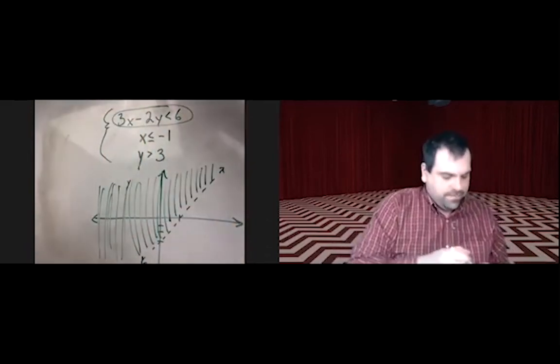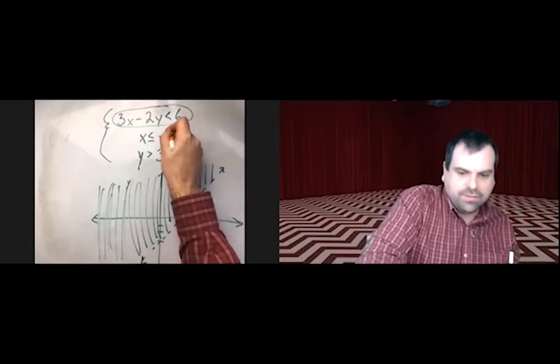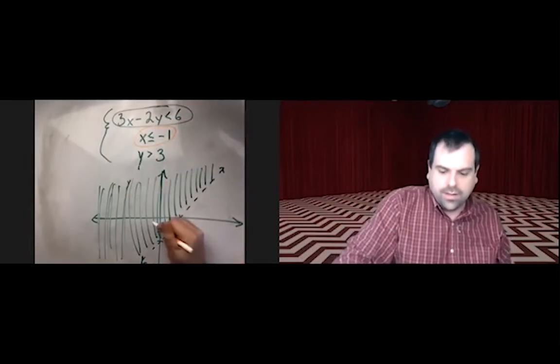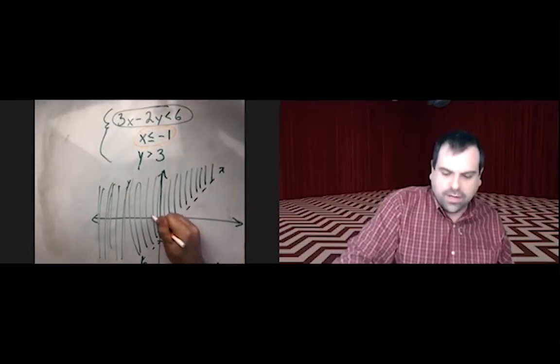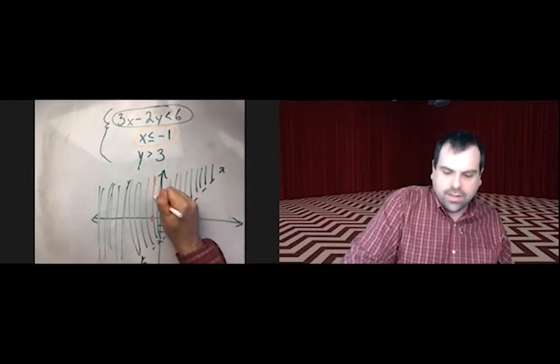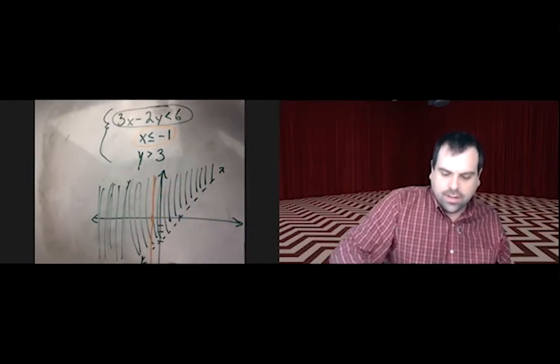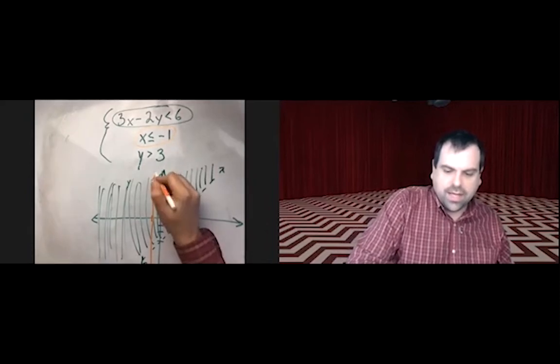We graphed that one. Now let's graph this one. We saw where -1 was. It was a solid line.